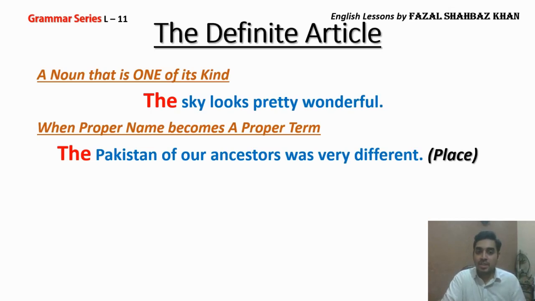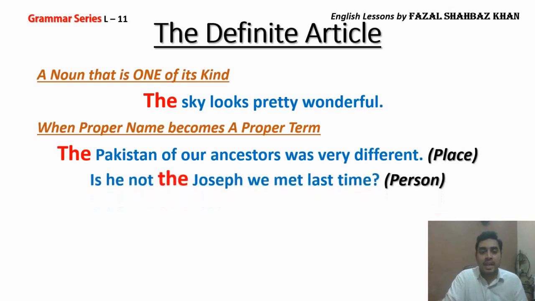So the Pakistan of our ancestors was very different. Now it is specified what type of Pakistan, that is of our ancestors. So here the proper name has actually become a proper term, which is why we have attached the definite article the before a name also.